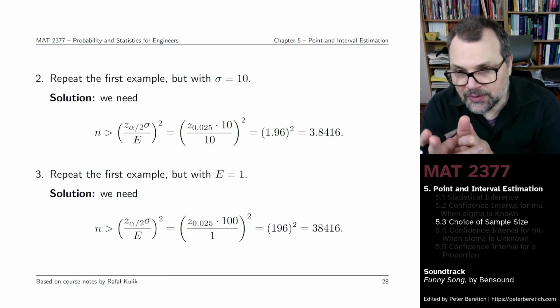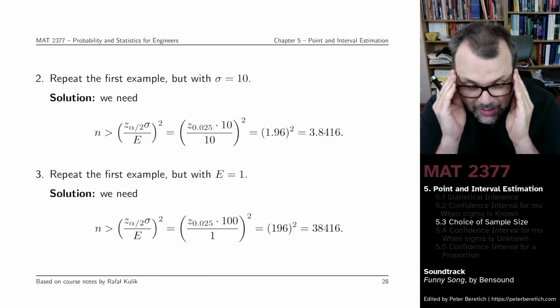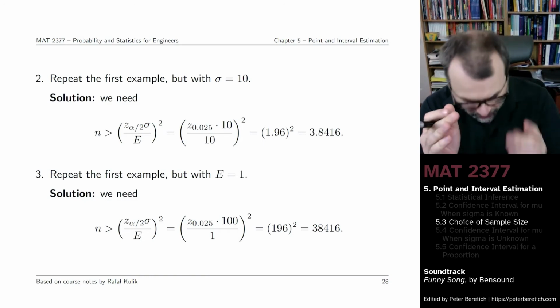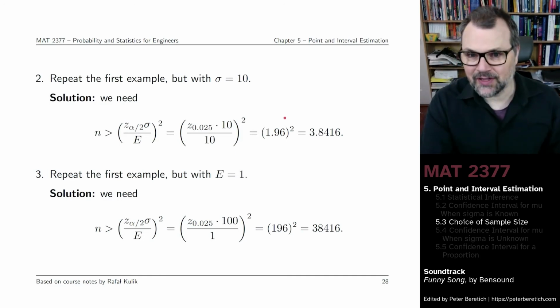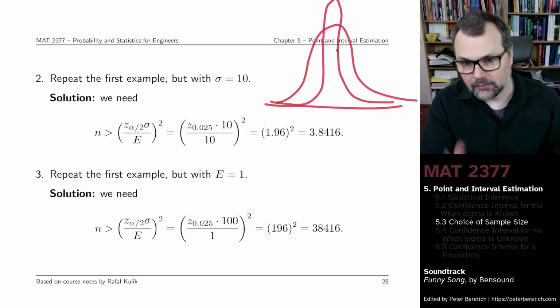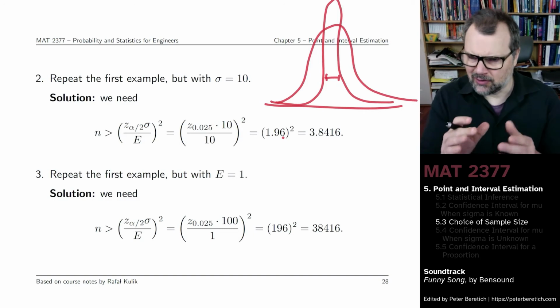And that number is substantially smaller because if the underlying distribution doesn't have as much of a spread, if the standard deviation is smaller, so this was the original one, this is the other one that we have here. If the distribution doesn't have as much of a spread, there's not as many chances that you will pick values that are very far outside the reasonable range.